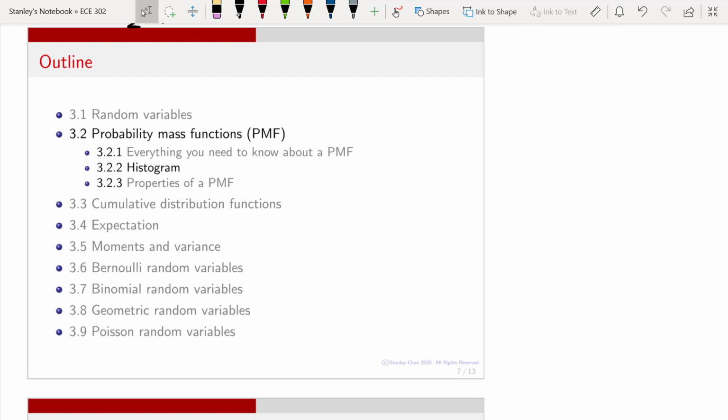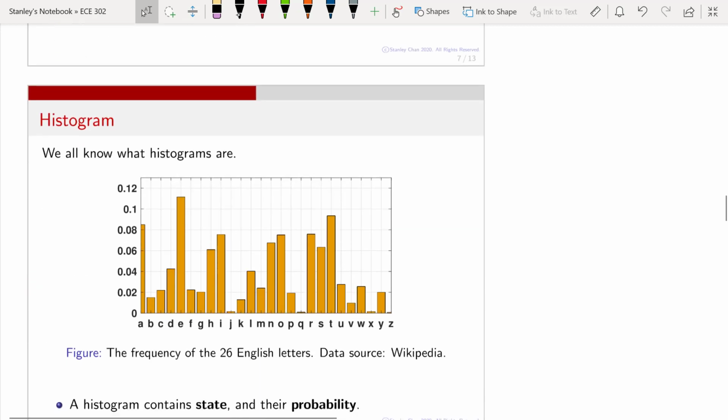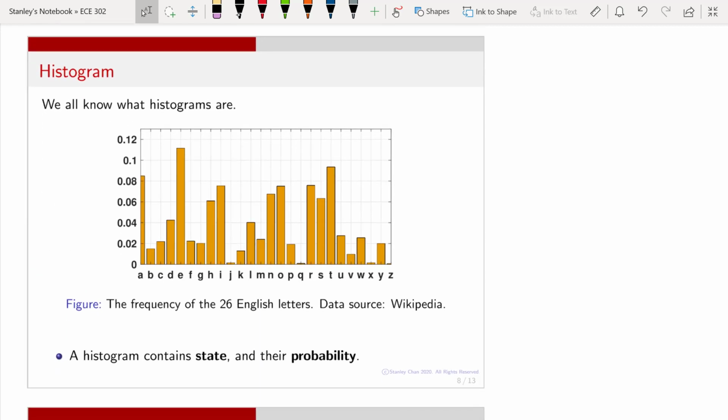So with this definition in mind, let us move on and talk about something that might be familiar to you guys. This is the notion of histogram. We all know what histograms are. If you go to Wikipedia, you type English letters frequency or probability, you'll be able to find a diagram like this. What are they?